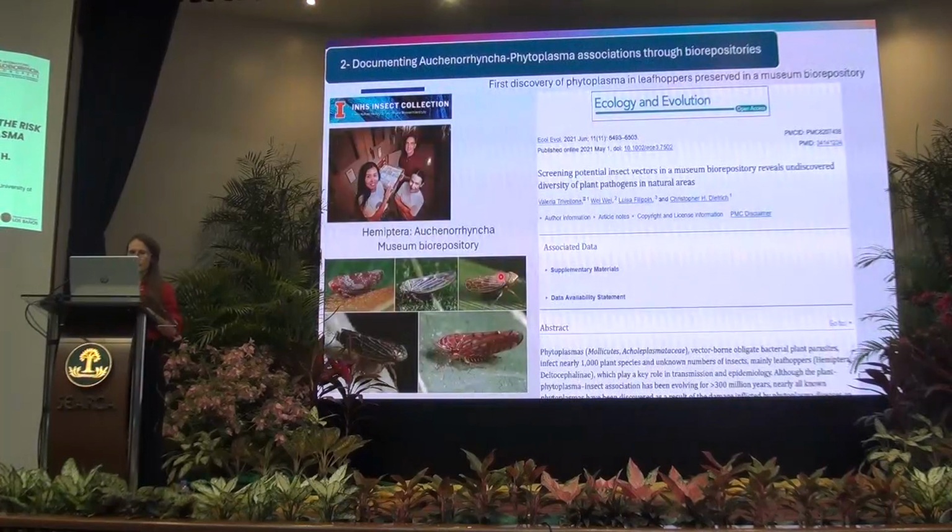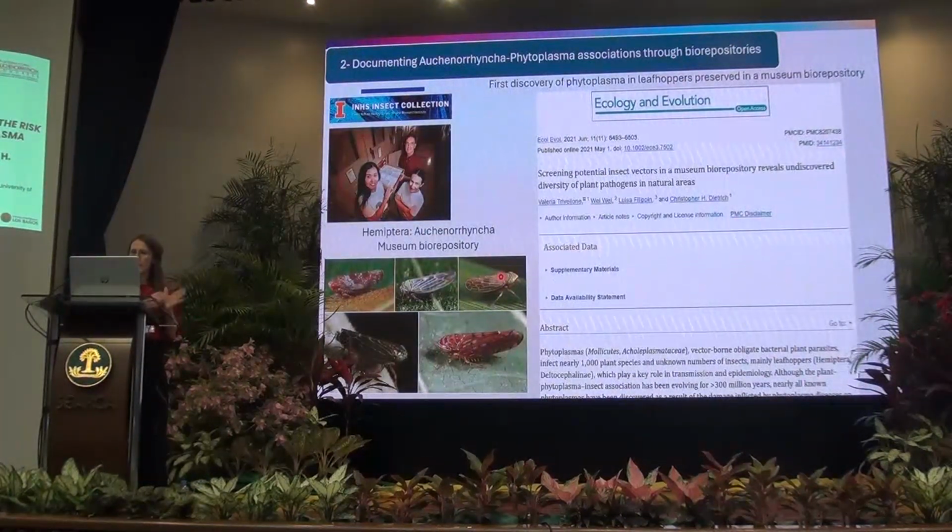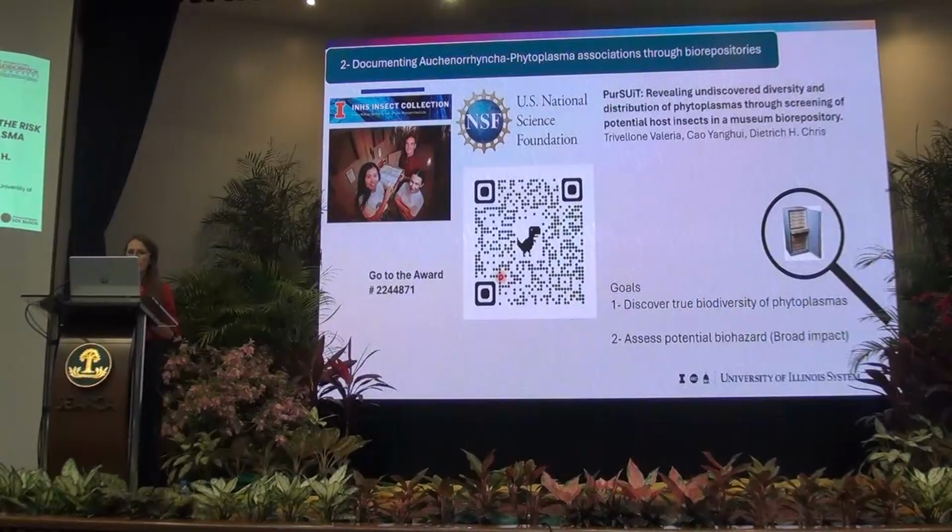In 2021, we published the first paper where we discovered the presence of phytoplasma in leafhoppers preserved in a museum biorepository. Immediately after that, we applied for an NSF project, and we recently started.